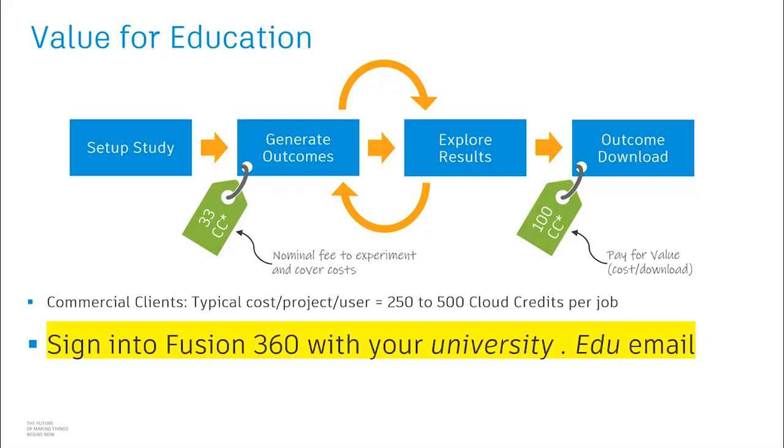Think of this as Autodesk's investment in your education. So you're going to click through where it says 33 cloud credits to create the generative design. And when you want to do an outcome, I believe it's 100 cloud credits to get that outcome. You're just going to click OK. We're never taking a credit card from a student.